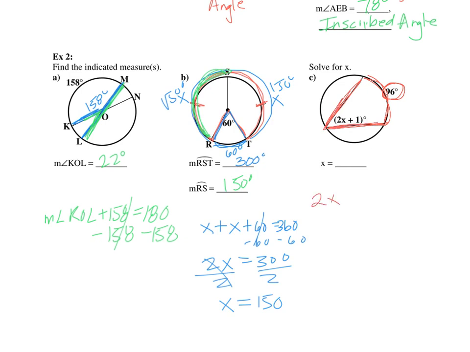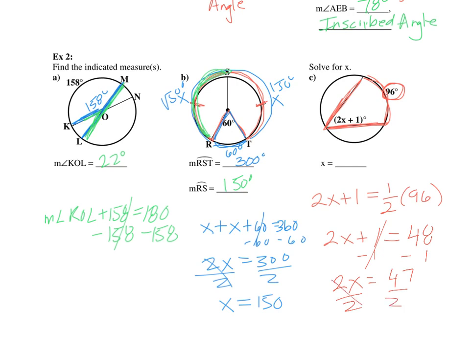So 2x plus 1 is equal to half of 96. So 2x plus 1 equals 48. Subtract 1. 2x equals 47. Divide by 2. X is equal to 23.5. You can have decimals. It's okay.